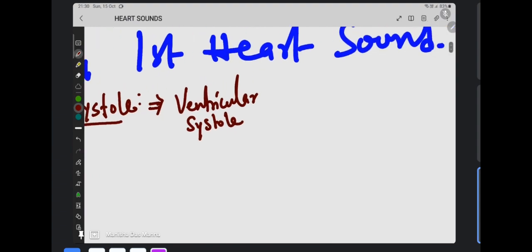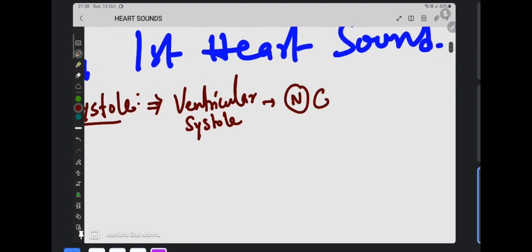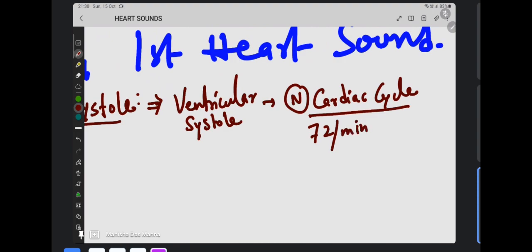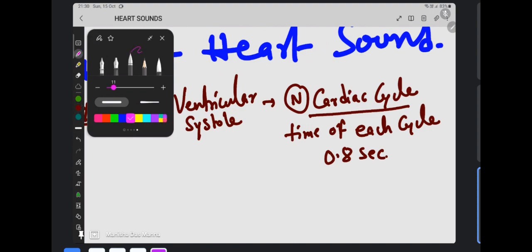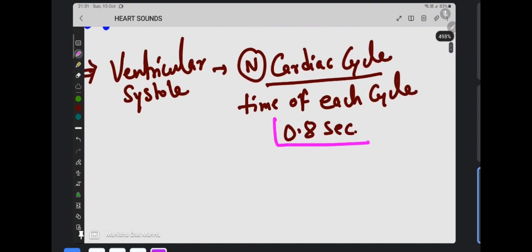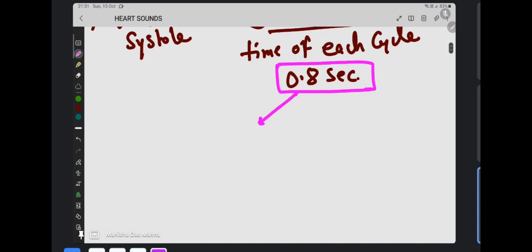In a normal cardiac cycle, that means a heart rate of 72 beats per minute, the time of each cycle is generally 0.8 second. Out of this 0.8 second, 0.3 second and 0.5 second.